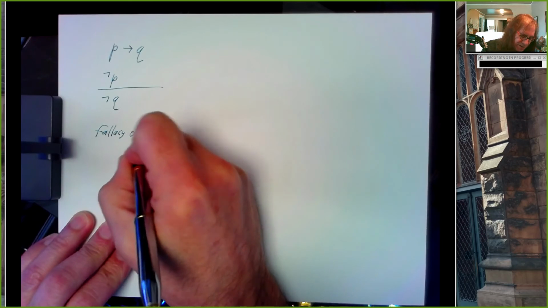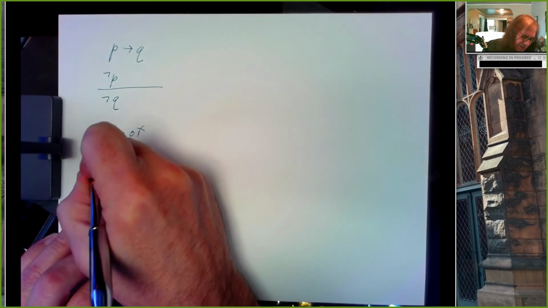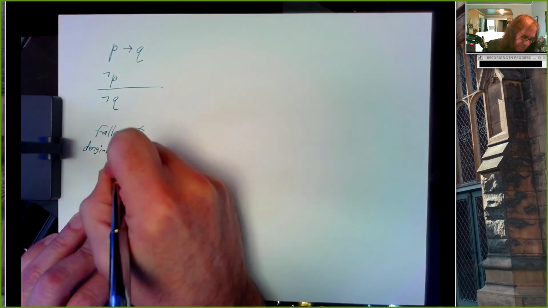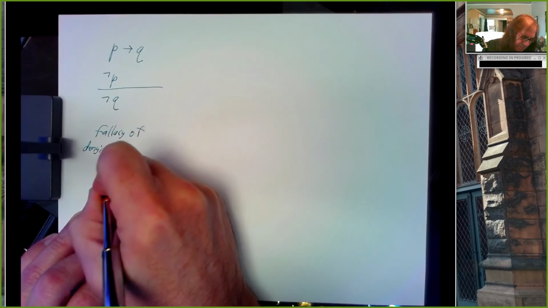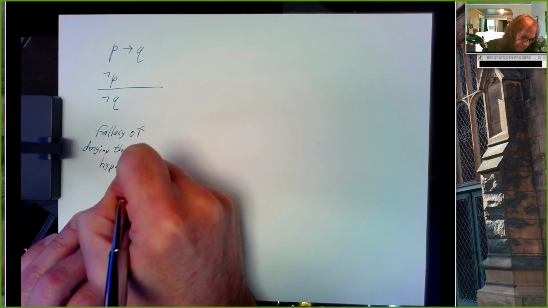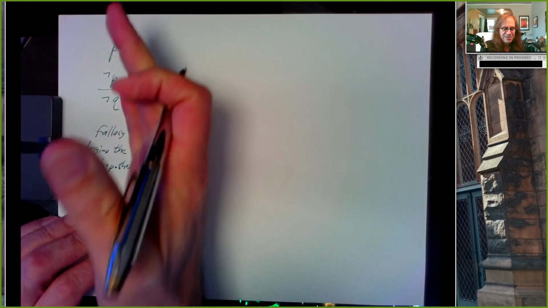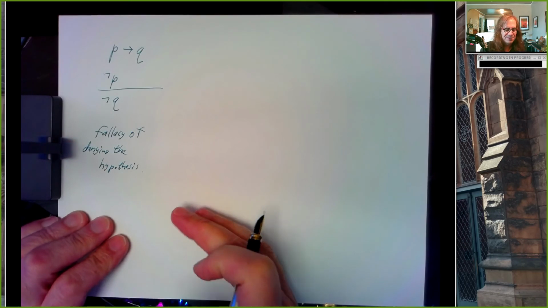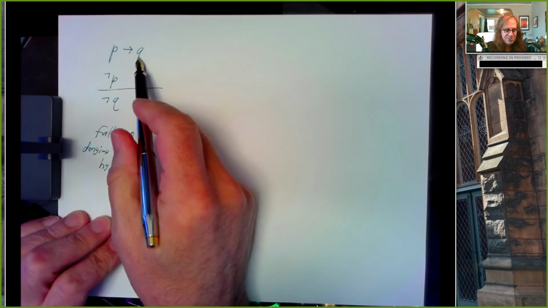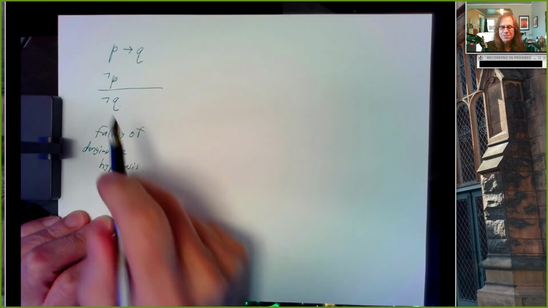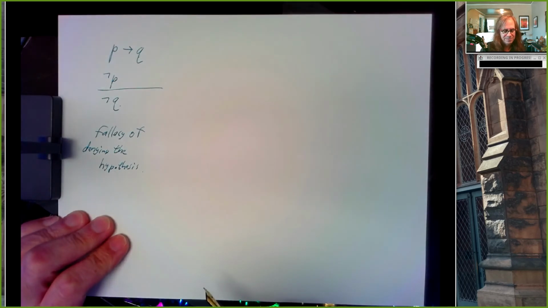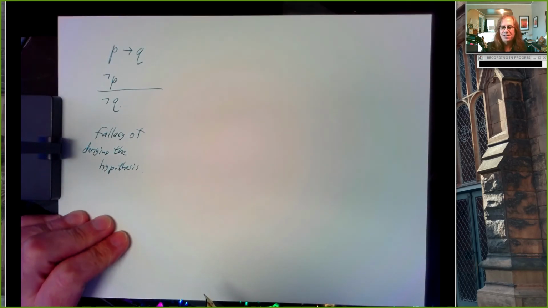And it's called the fallacy of denying the hypothesis. The claim of this false theorem is if P implies Q, and if P is false, then Q is false. And that is not a law of logic. It's a fallacy.